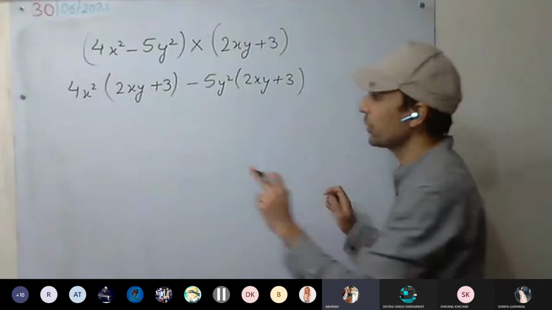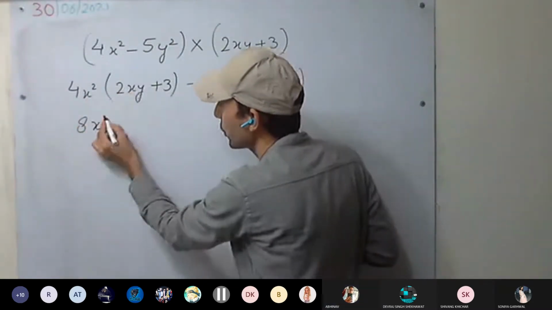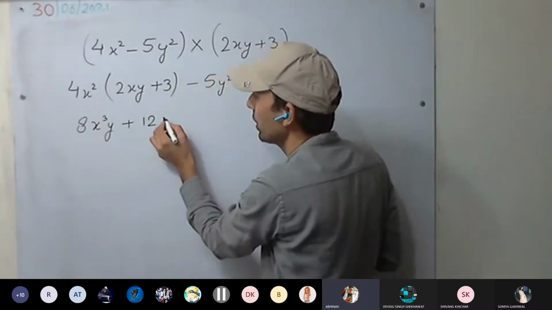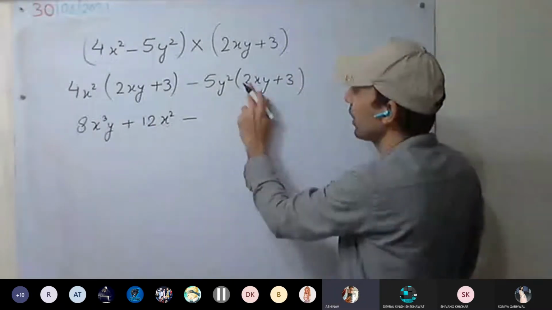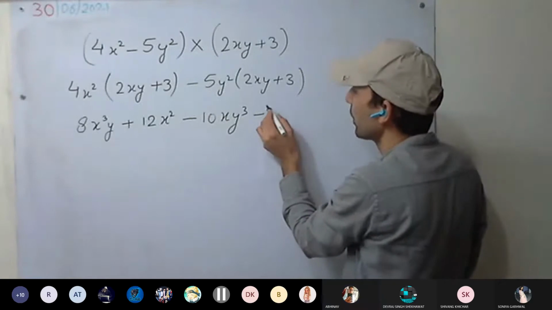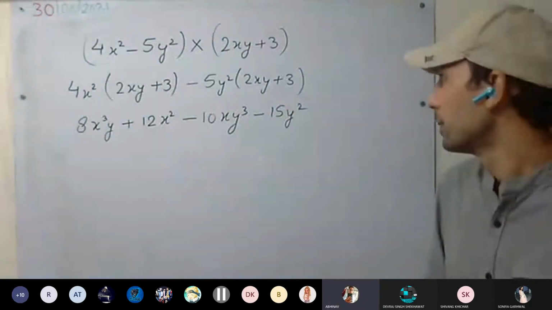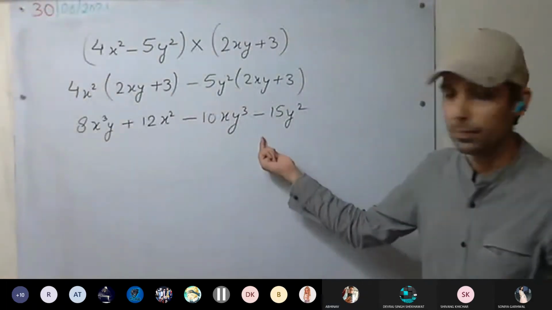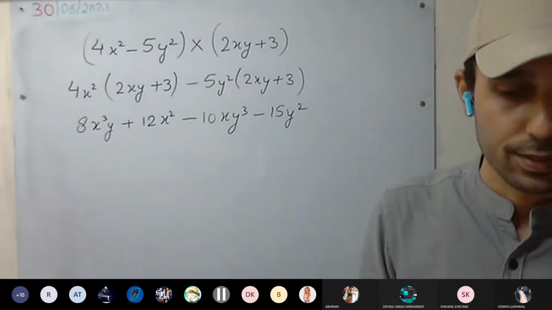So constants we multiply first, 4 times 2 is 8, then x cube y. Plus 12x square, minus 5 times 2 is 10, minus 10xy cube, minus 15y square. This will be getting. Everyone check your answers.